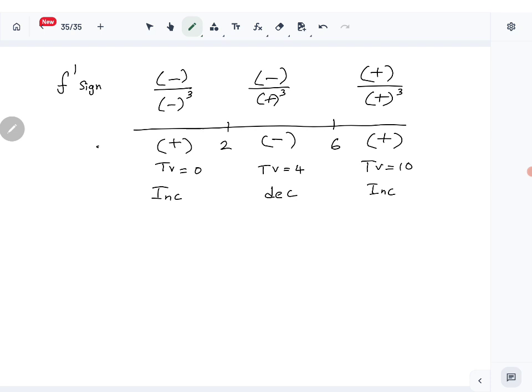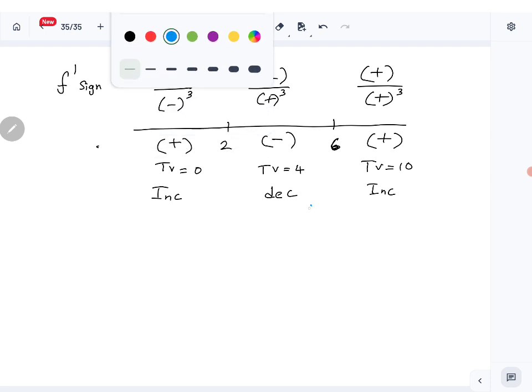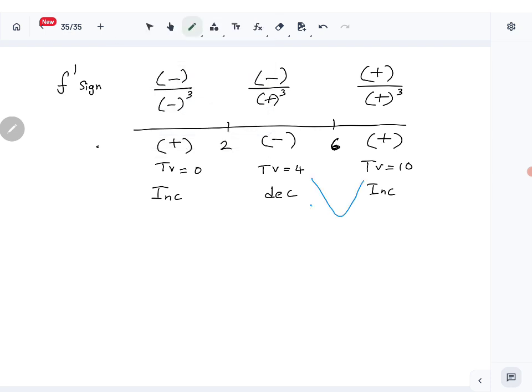And the only stationary point is 6, no? Let's check whether it is a local max or min. Decreasing, then increasing. So this is what? Local minimum at x equals 6.